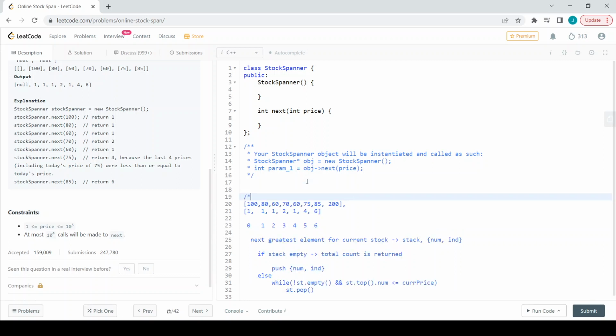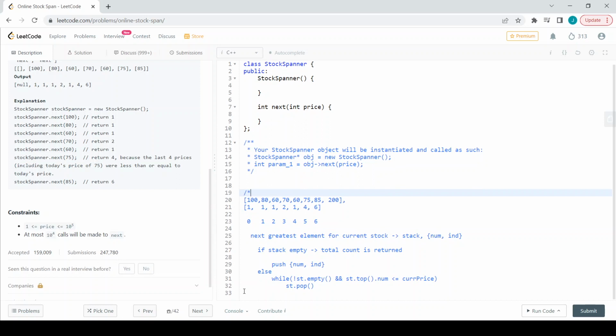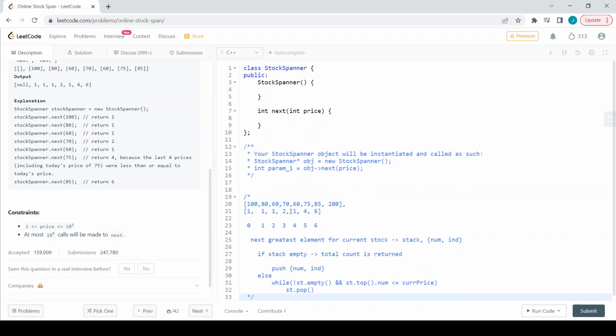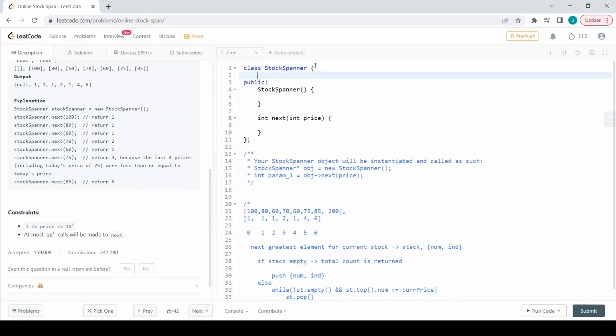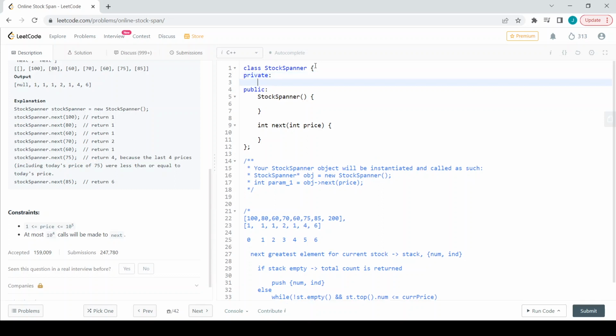We want to find the next greatest element, and the prerequisite for this problem is that you can solve the next greatest element using a stack. That will be good practice for this problem. First we can have a stack here.